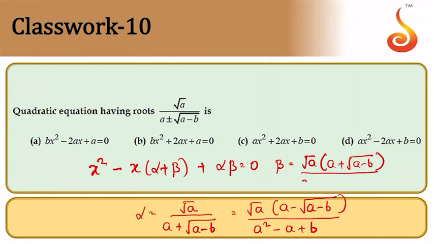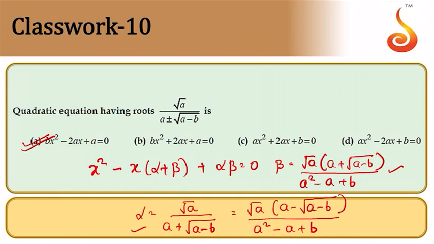Other root beta, beta will give you root a plus under root of a minus b. Denominator will be same as a square minus a plus b. Now sum of roots and product of roots, you do it. So you get bx square minus 2ax plus a. Option A will come. This much of algebra you can do. You know alpha, you know beta.